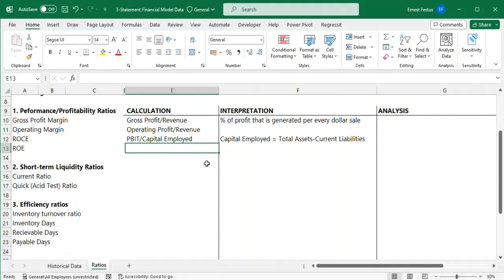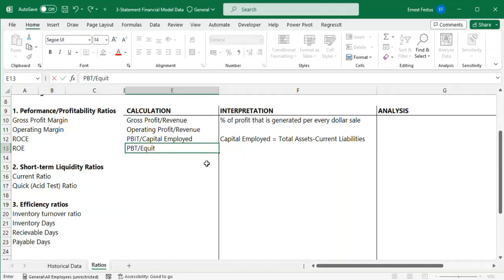Then we also have the return on equity. Return on equity is also calculated as the profits before tax. So let me just use my abbreviation. It's going to be PBT, or profit before tax, divided by our equity.